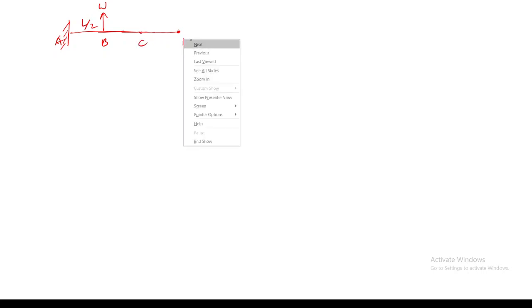Before that there is one small thing. This is a cantilever beam. Let's say I have a load at a distance of L by 2. This has points A, B, C and D, and at point C I have a bending moment of WL. Can you draw the shear force diagram and bending moment diagram?